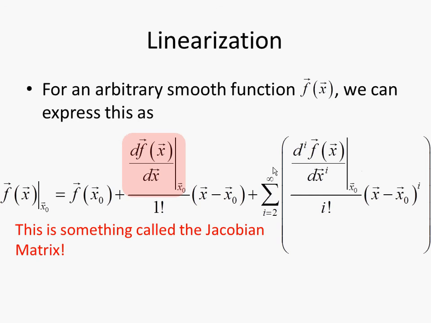If x is displaced in a certain direction, then we have this term here, which is a matrix, and it's called the Jacobian matrix. It basically expresses, for a given deviation in a given direction, how much f has to increase. If you're off in this direction, how much does f have to increase in its first component, and its second component, etc. If you're off in this other direction, how much does it have to increase? And then we have some higher order terms.